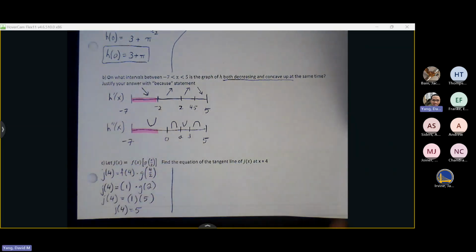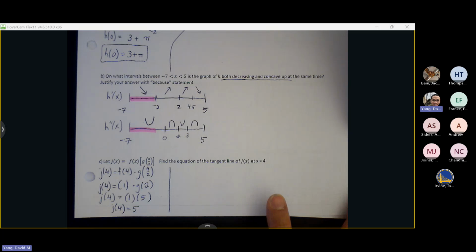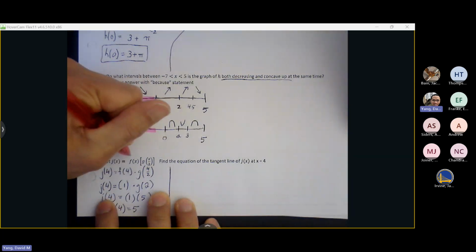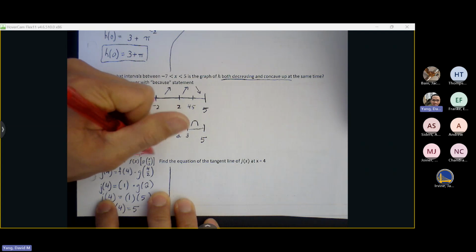So we got the ordered pair out of the way. To get to the slope, we've got to get to the derivative. To get to the derivative, hopefully you can see that there's a need for product rule.